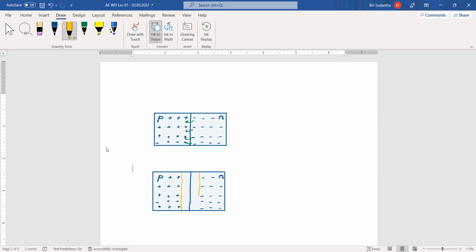The region is created very close around this junction. In this region, we don't have either holes or electrons as majority carriers.